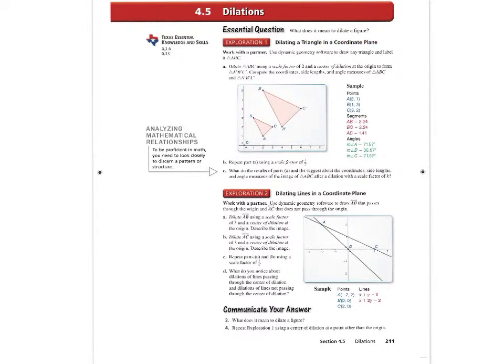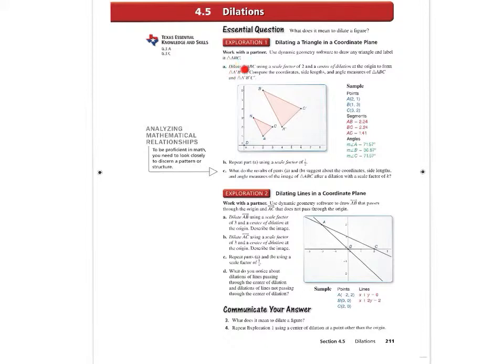On the first page of your textbook, 211, we see two explorations in which you have an opportunity to use your dynamic geometry software, which is your graphing calculators, to draw triangles, label, and dilate.